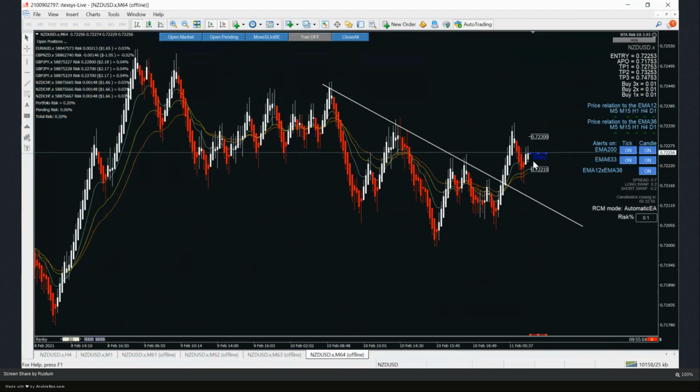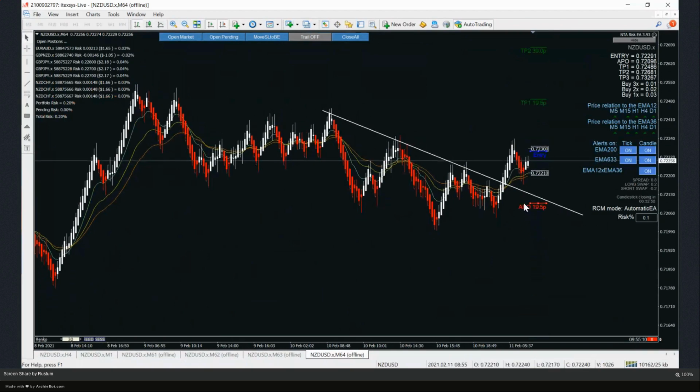So 0.1, we're going to enter perhaps up there somewhere. We're going to put our stops below here, about 5 pips or whatever plus the spread. And when price gets maybe up there, we'll enter. So it's open pending, and that is done for the long.